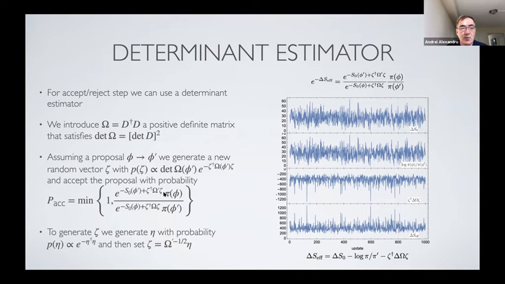And then you compute the ratio of this part of the action, and you can prove that this satisfies detailed balance, and everything works very neatly.